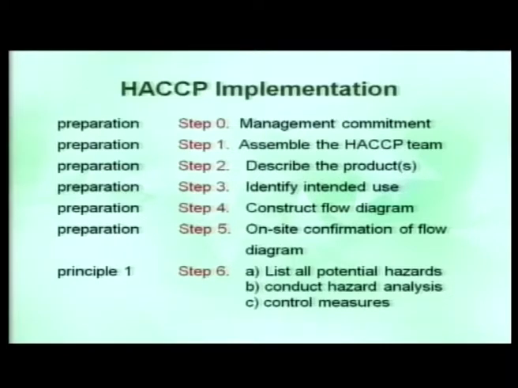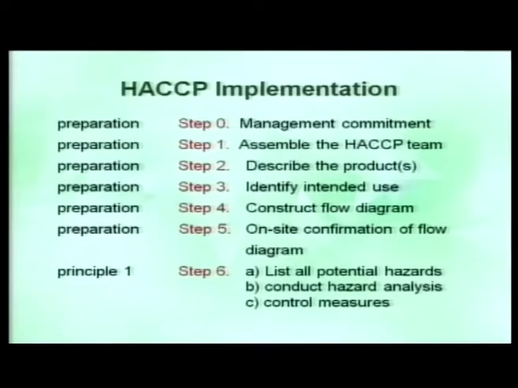Now step 6, that is principle 1, is the main step from where the hazard analysis starts. Hazard analysis is a very big term. To understand it, we need to first identify all the potential hazards. How will I identify the potential hazards?